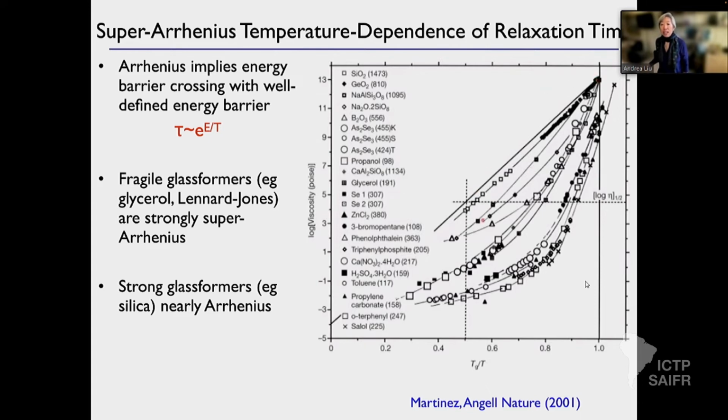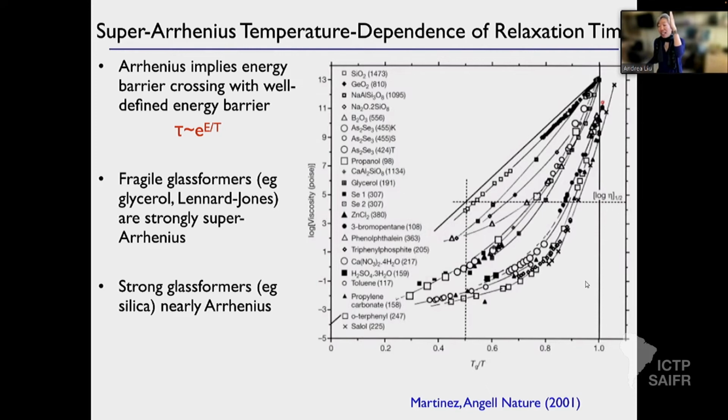What you see here for many, many different systems, and this is a classic plot going back to Austin Angell, who died recently, who is just a wonderful person, who really nurtured the field, is this super Arrhenius behavior. Instead of being straight, it curves up a lot. And what that's saying is that the slope, which is the effective energy barrier, is increasing as I lower the temperature.